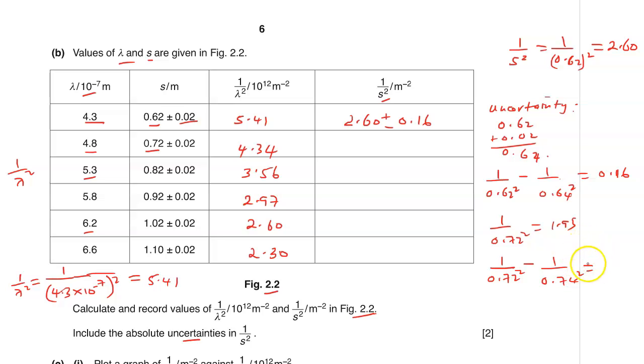When you calculate nicely, you will be getting 0.10. So this is what you write here: 1.93 plus or minus 0.10. Therefore, you do the rest in that way. I'll give you the values for the rest. This is 1.49 plus or minus 0.07. This is 1.18 plus or minus 0.05.